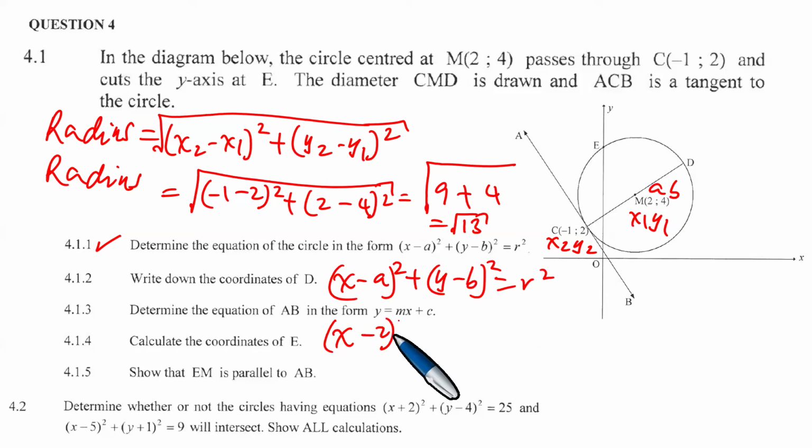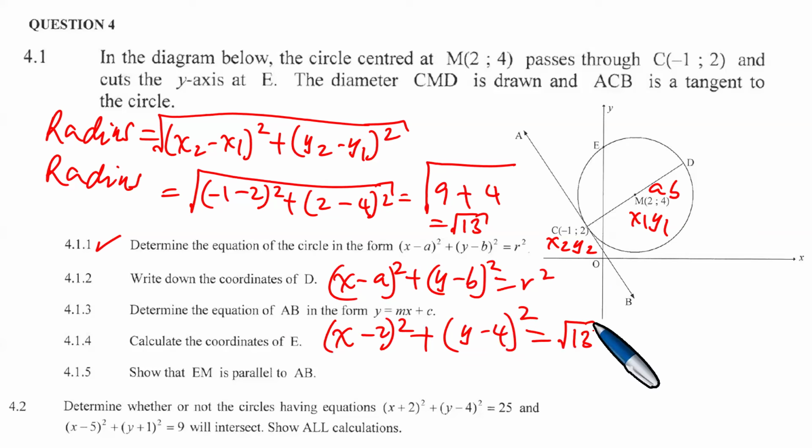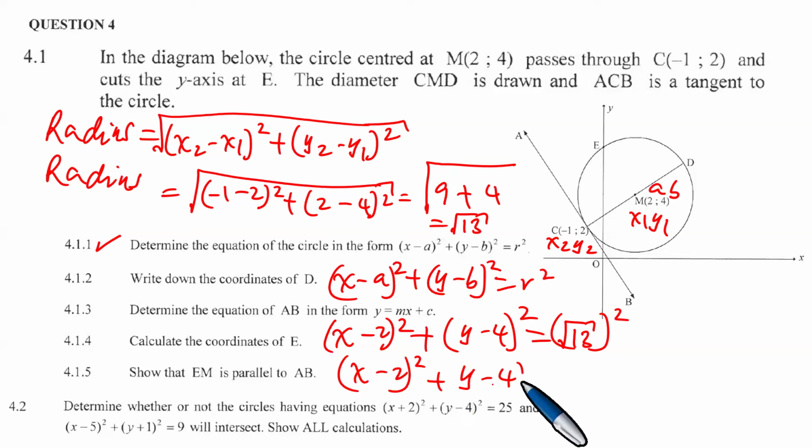So it is (x minus 2) squared plus (y minus 4) squared equals the square root of 13 squared, which is 13.